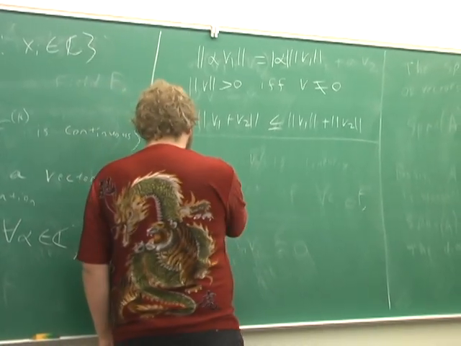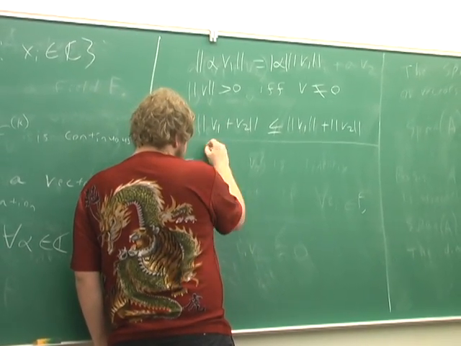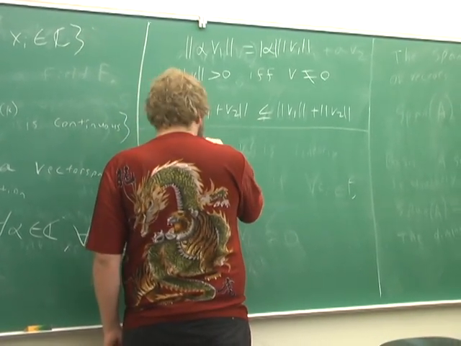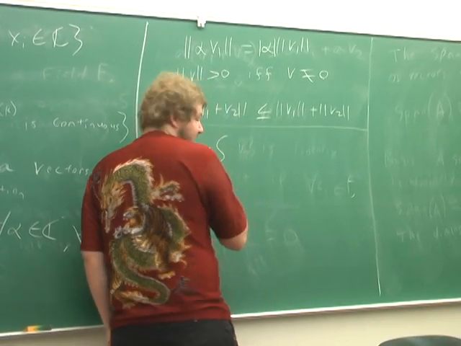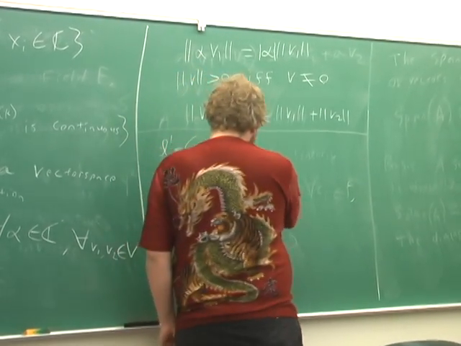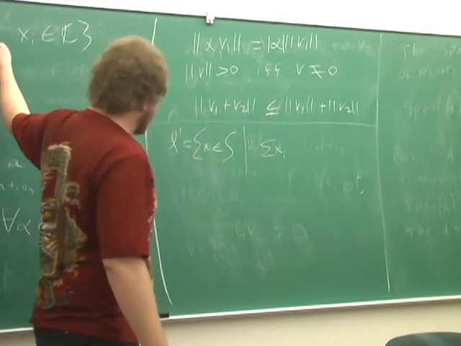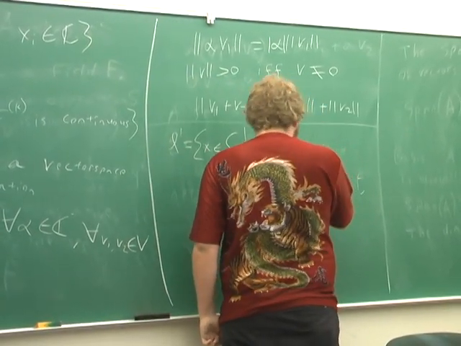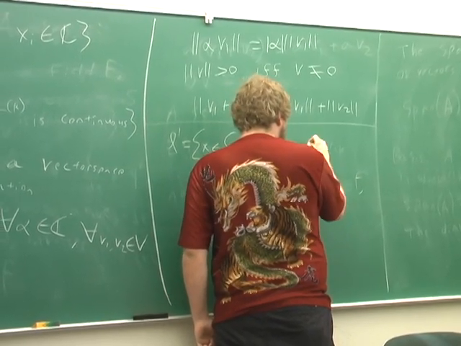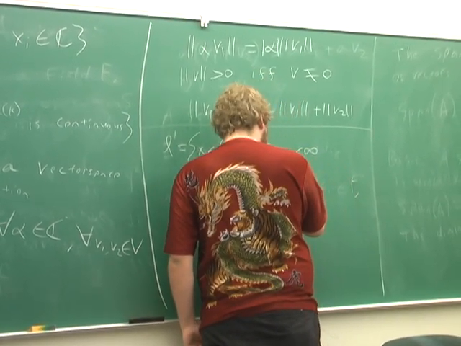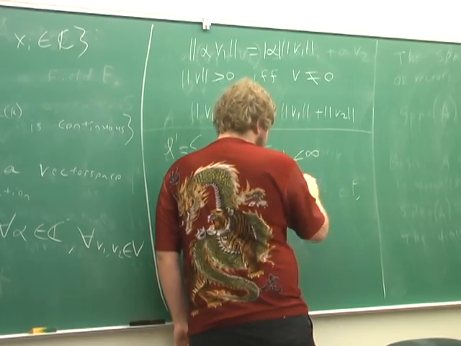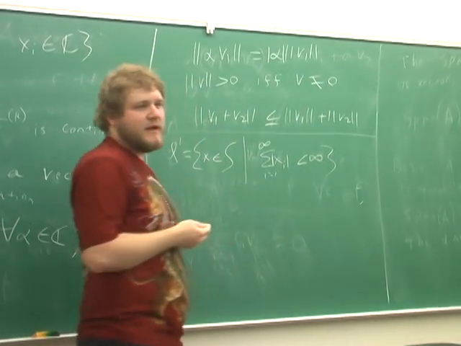We can call it L1. And this will be the space of all vectors X from this space S, such that the sum of the absolute values of the components of this vector, X's components, is a finite number.